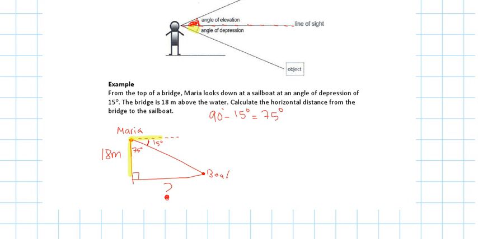According to my angle of interest, where's my opposite, where's my adjacent, where's my hypotenuse? That's your hypotenuse. Opposite is the base. And the adjacent is? The two sides I'm interested in are opposite and adjacent, so I have to use tan.